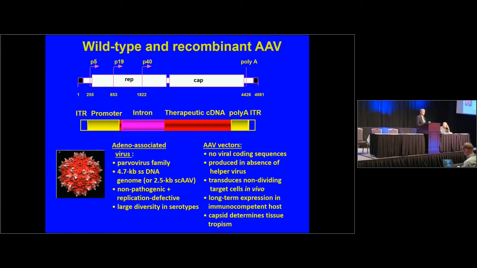And there are obviously a number of serotypes available that have different tropisms, so some are very effective for certain tissues and cell types, and you have choices.